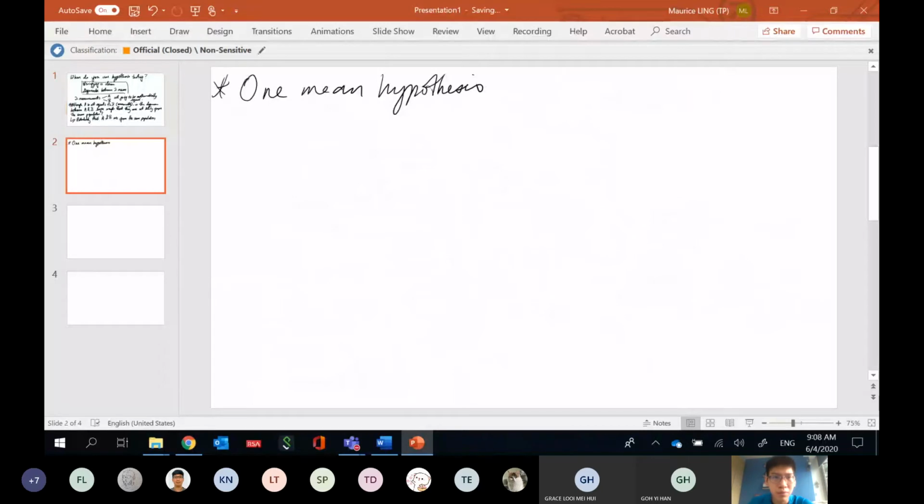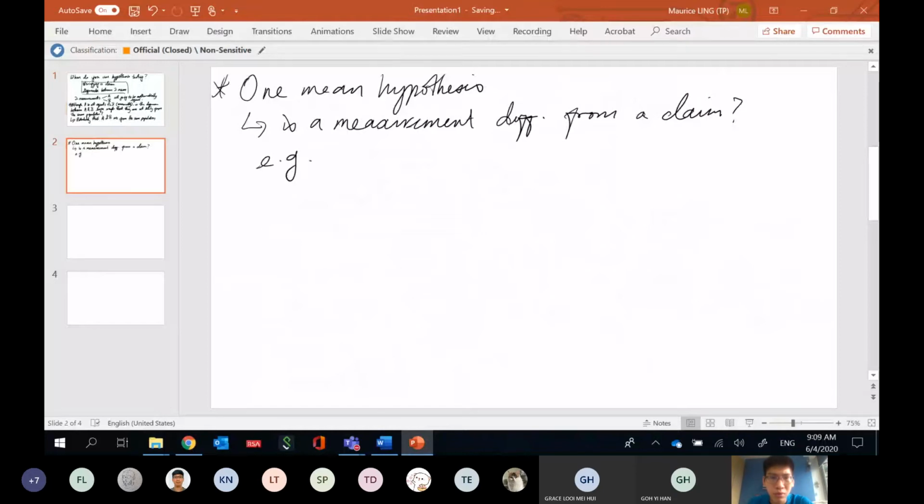We are looking at, usually, is a measurement different from a claim? Okay. Is a measurement different from a claim? So for example, you can actually ask a question like, let's say, for example, you have Yakult.